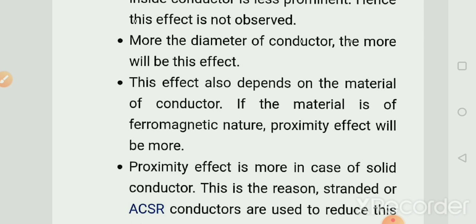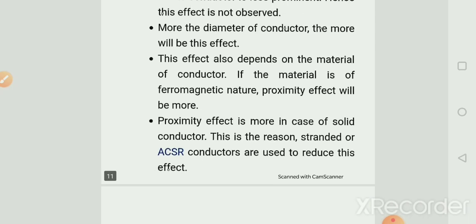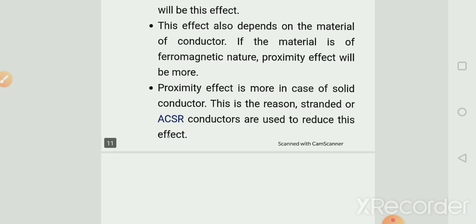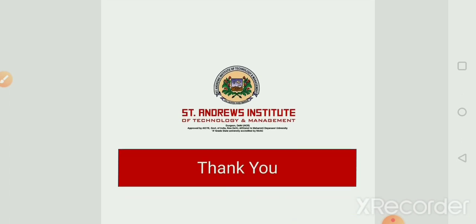The proximity effect is also more in the case of solid conductors. This is the reason stranded or ACSR conductors are used to reduce this effect. So these are the factors affecting the proximity effect.